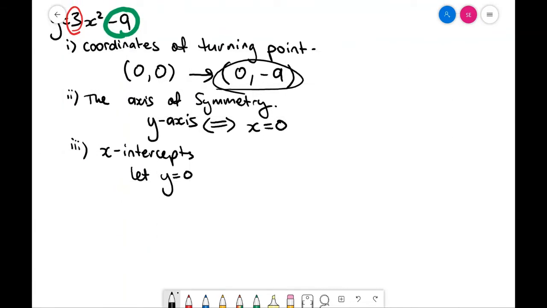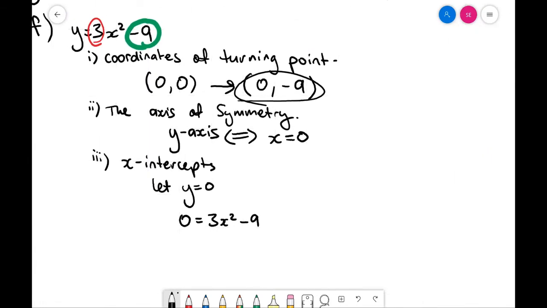All right, so let y equal 0. That means we've got 0 is equal to 3x squared minus 9, because we've just substituted y equals 0 into up here. And then we'll take our 9 to the left-hand side. So we'll get 9 is equal to 3x squared.